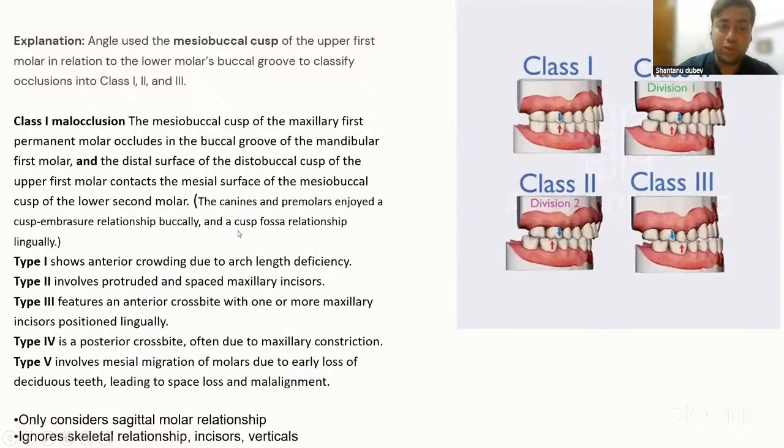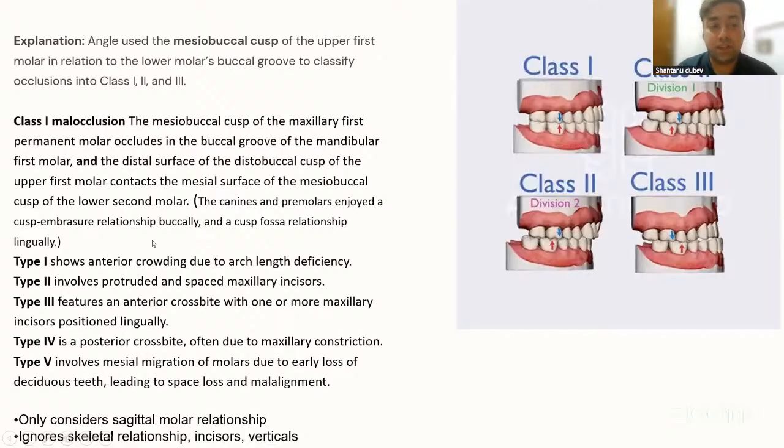But Andrews went a few points further, and I want you to remember that the distal surface of the distobuccal cusp of the upper first molar contacts with the mesial surface of the mesiobuccal cusp of the lower molar. Well, it makes sense, right? And finally, the canine and the premolars enjoy a cusp embrasure relationship. I mean, between the lower first molar and the lower second premolar there should be the upper second premolar, and so on and so forth.